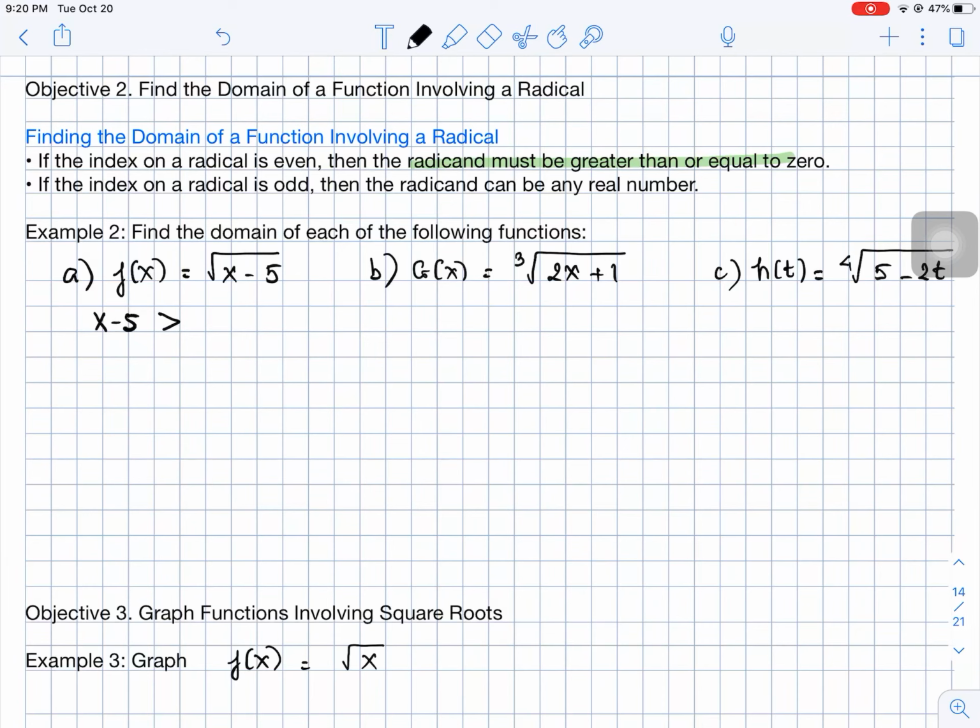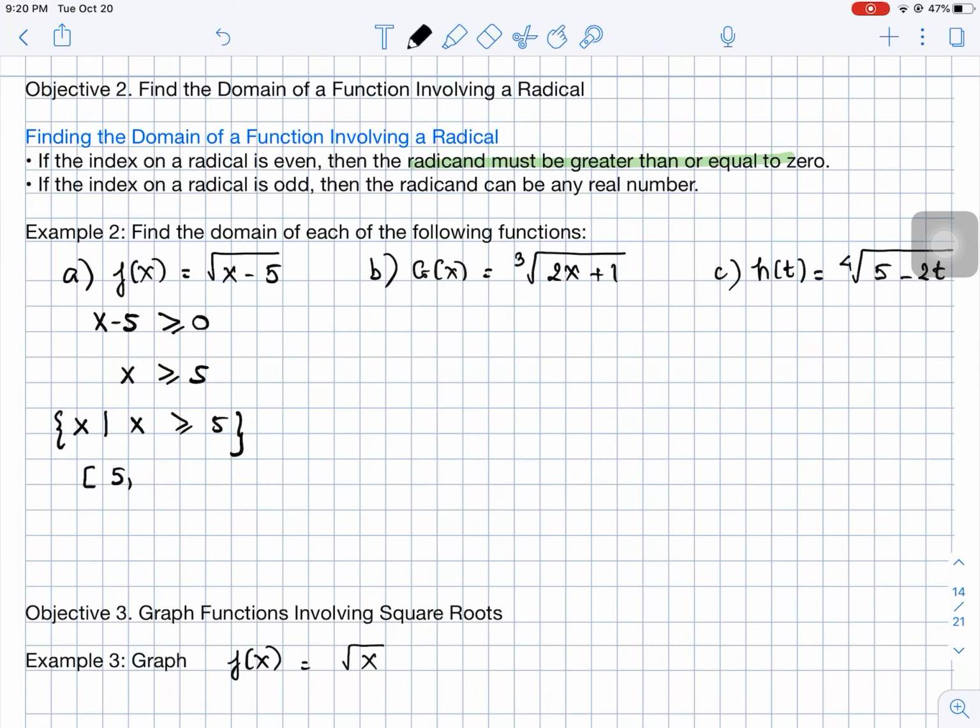In example number 2, it is very important that we look at the index. The index for problem A is 2, which is even. So for the even index, the radicand must be greater than or equal to 0. The radicand is x minus 5. It must be greater than or equal to 0.